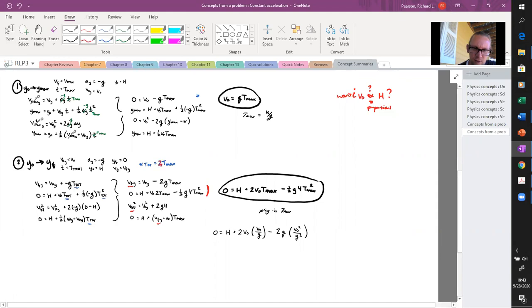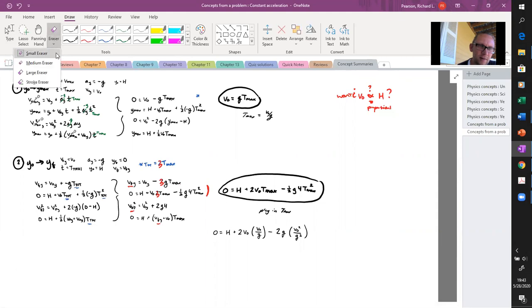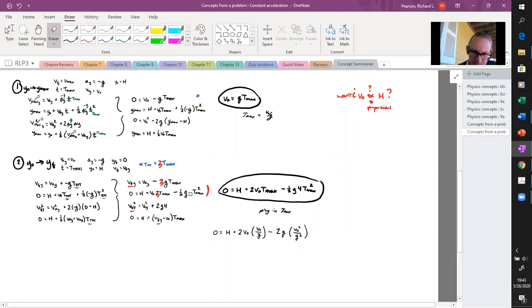So this should be 3 t max, which means that this should be 3 t max, and this should be 3 t max. This is no longer 4, it's 9. And then this would be 3/2 out front here, which means that this is going to be a little bit different over here.